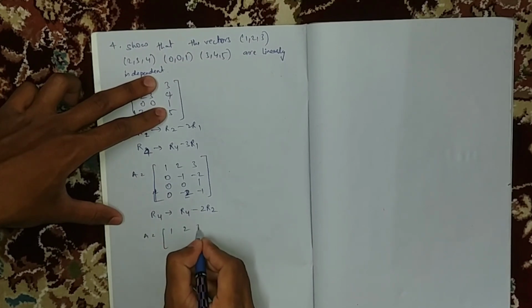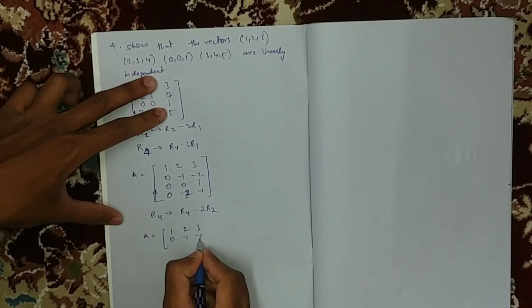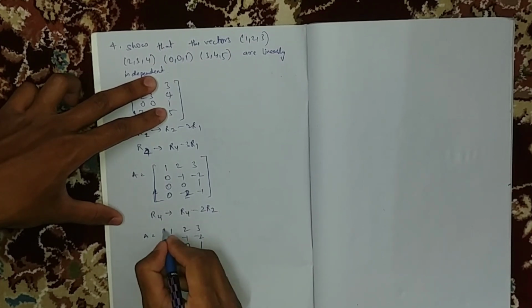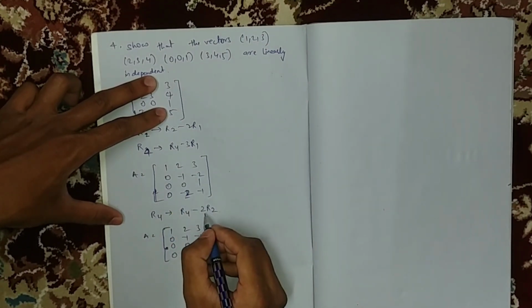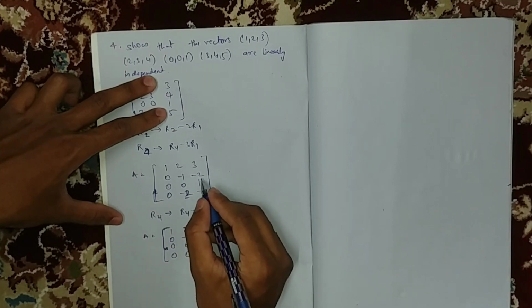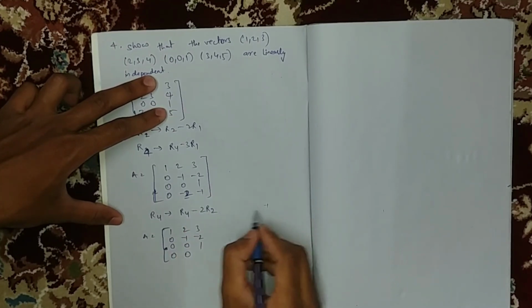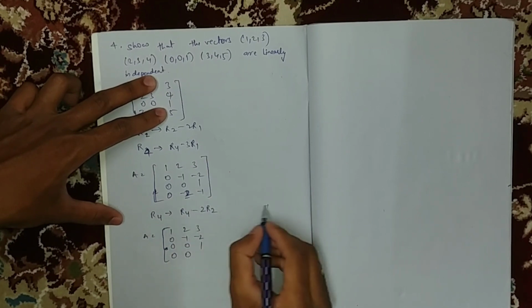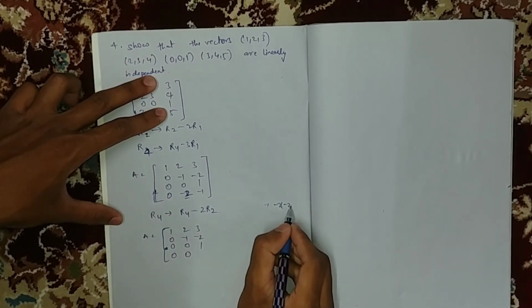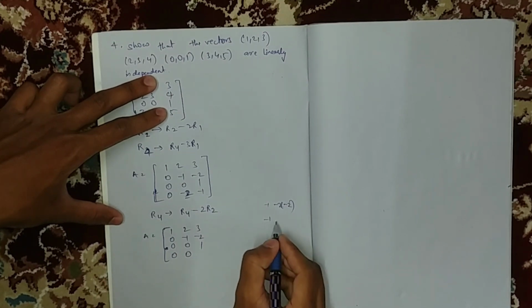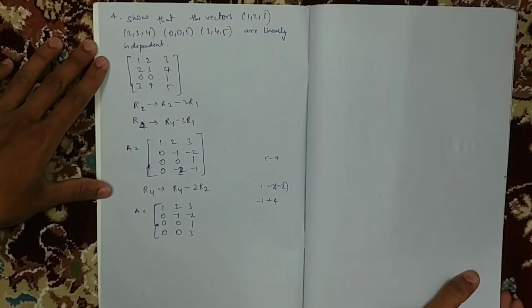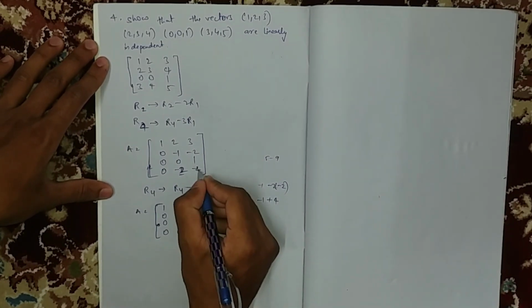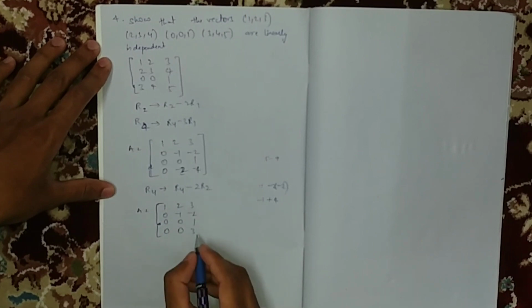A is equal to 1 2 3; 0 minus 1 minus 2; 0 0 1; and R4 becomes 0 minus 2 and plus 2 becomes 0, minus 1 plus 4 becomes 3, and 5 minus 9 is minus 4.